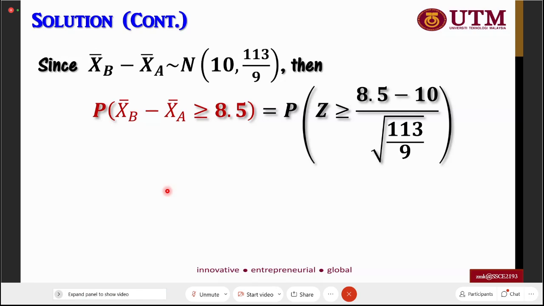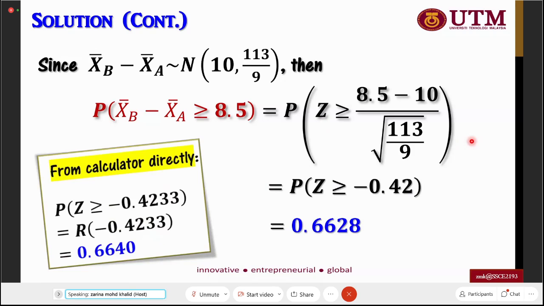You can assume normality for X bar B minus X bar A, and then solve the probability problem for this random variable. Then you just standardize as usual, as you did in chapter 1. So you get this, right?